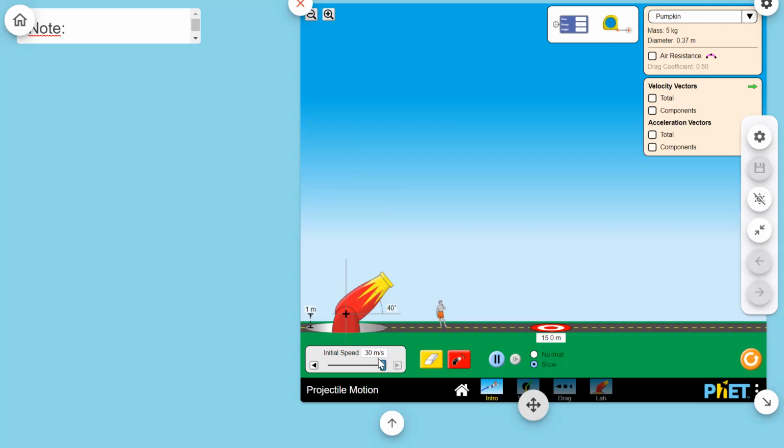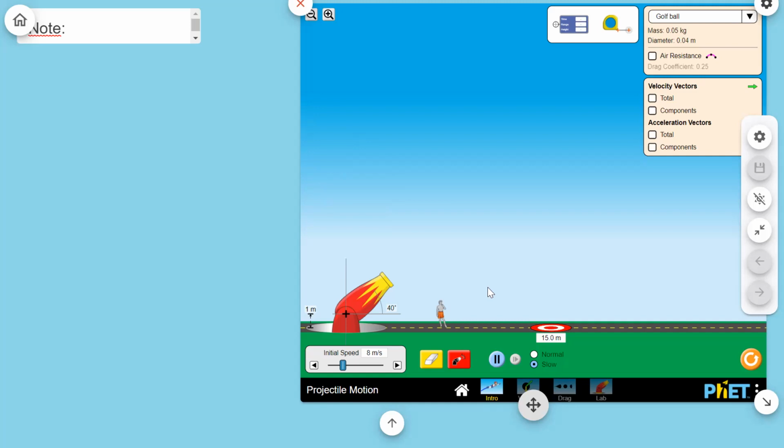Let's say I will set up the initial velocity to be 8 meters per second. And then I use the cannonball or the golf ball because the mass is less than the other. So 0.05 kilograms and the diameter is 0.04 meters. And then there is no air resistance here.